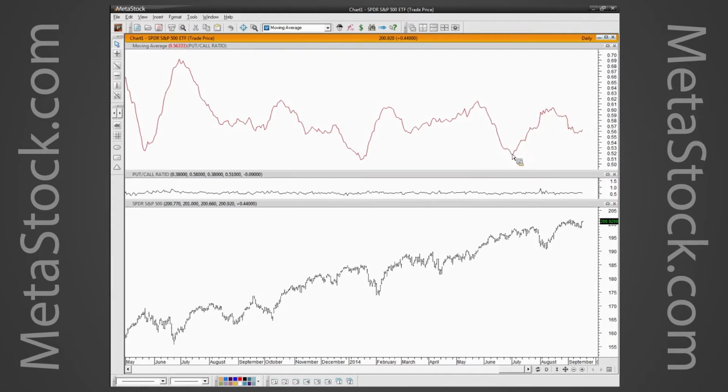And then down here, we have a bottoming in the put-call ratio just a short time before a market sell-off. So now we have an idea for a system. So we want to test this out to see how well it will do. So now we can go to the system tester.